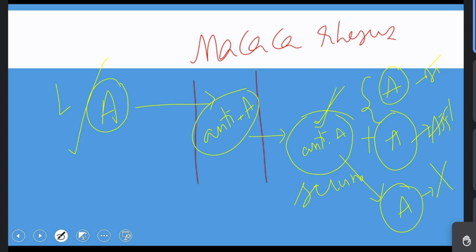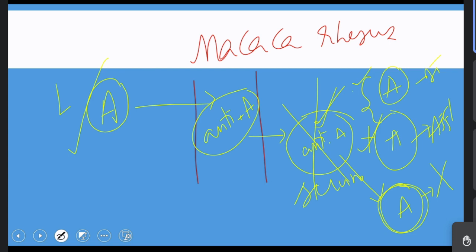Just by the clumping reaction we can observe with the naked eye. So here clumping is taking place in these two individuals, then we say that anti-A antibody is present. But when the same anti-serum is mixed with another person with the same antigen A, there is no clumping. That means we say that there is no anti-A. Is it possible?